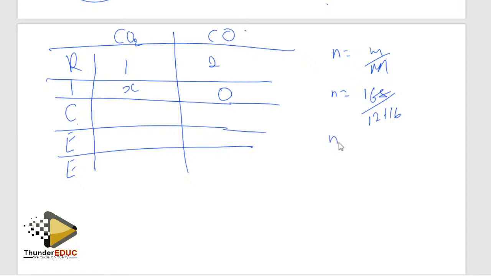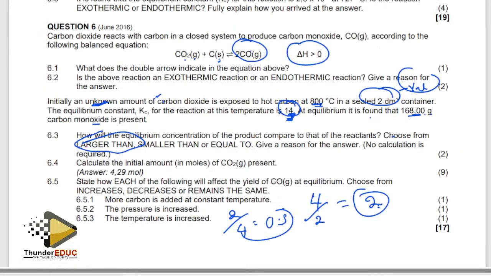So the number of moles is going to be 1 over 28, and when you calculate it, it's going to be 6 moles when you divide. So it means that the change here is 6. What we produced is 6, and what remained at equilibrium is exactly 6, because that is product. Is it clear?